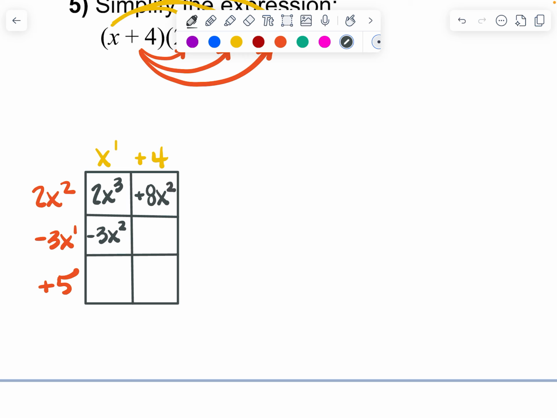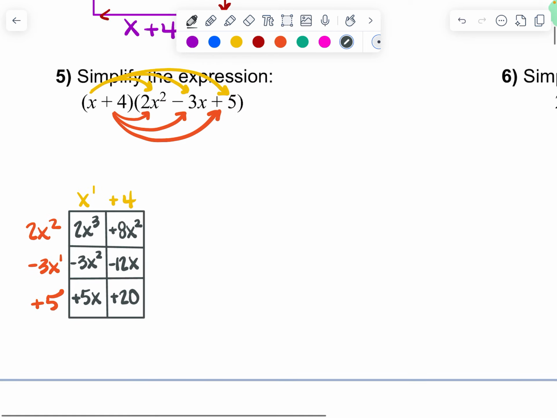And then to get this box, we're going to multiply 4 times negative 3x, which is going to give us negative 12x. And then to get the bottom left box, we multiply x times positive 5, which gives me positive 5x. And then the last box is positive 4 times positive 5, which gives us positive 20.